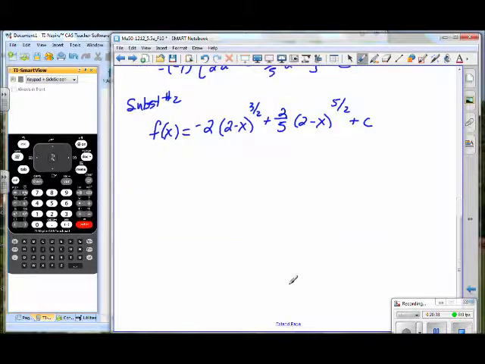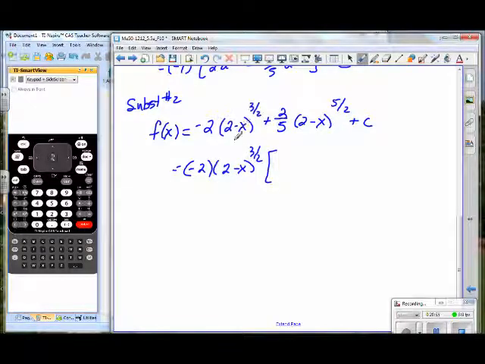And one thing we could do, since we've got a 2 and a 2 minus x to a power, is factor out a negative 2 and a 2 minus x to the 3/2 power.